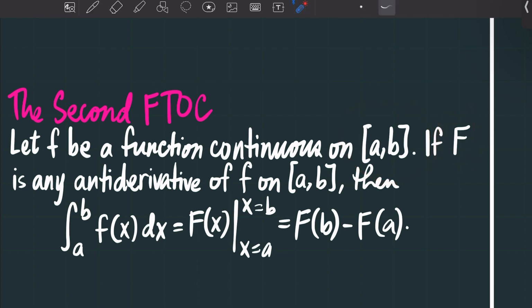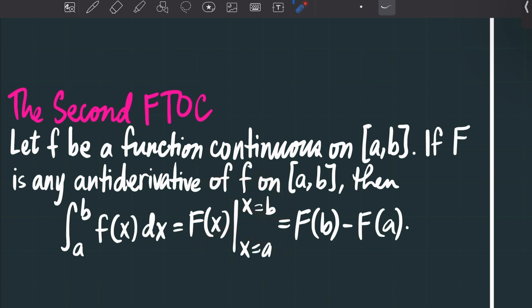If big F is any antiderivative of small f on this closed interval, then yung definite integral daw ni small f from a to b is equal dun sa capital F evaluated from x equals a to x equals b.